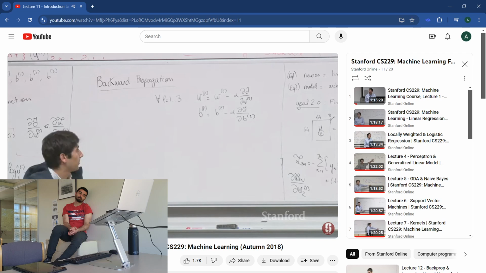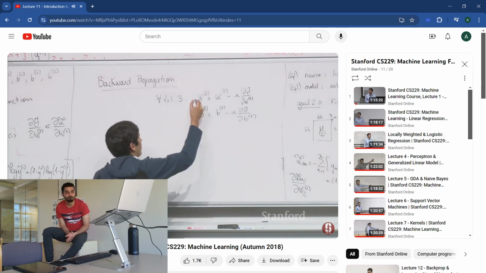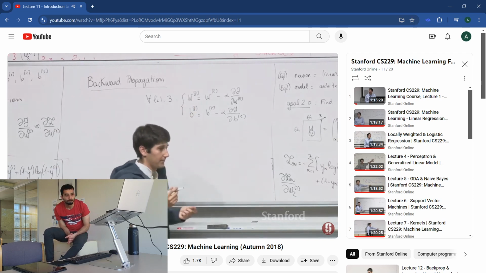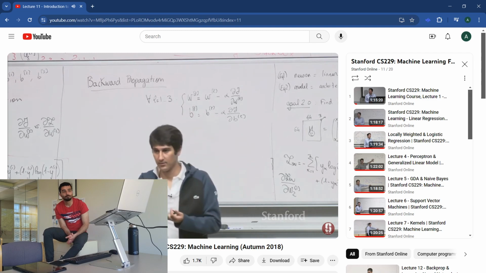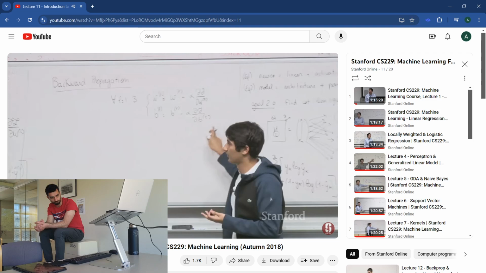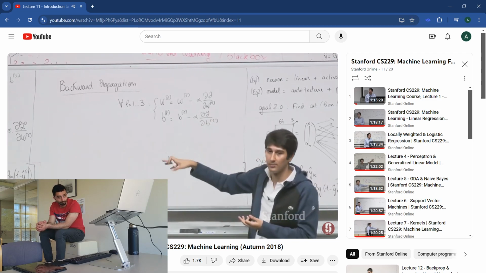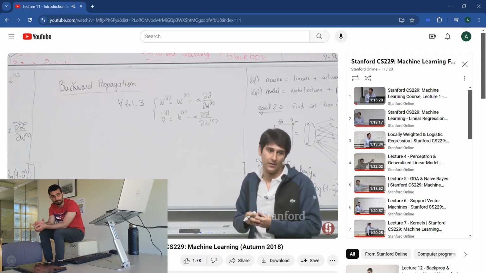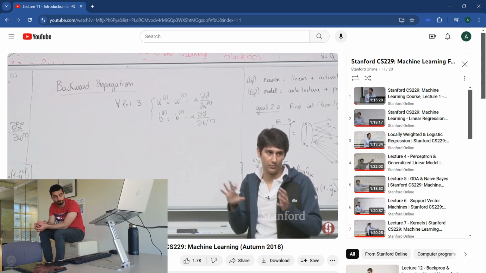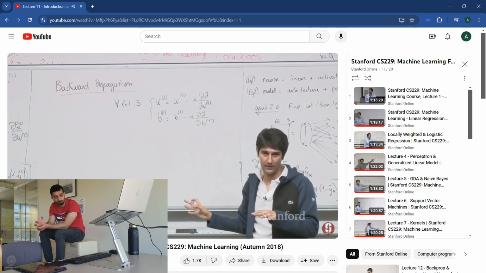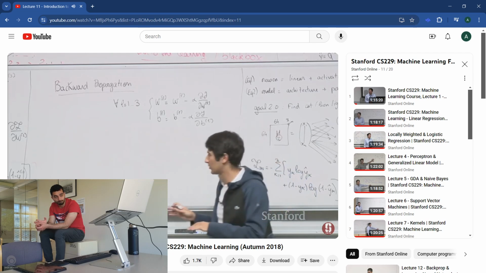We want to do that for every parameter in layers 1, 2, and 3. So we have to compute the derivatives of the cost with respect to W1, W2, W3, B1, B2, B3. It is the gradient. You've done it with logistic regression. We're going to do it with a neural network, and you're going to understand why it's called backward propagation.